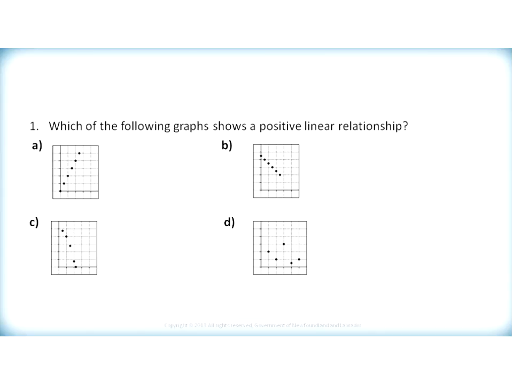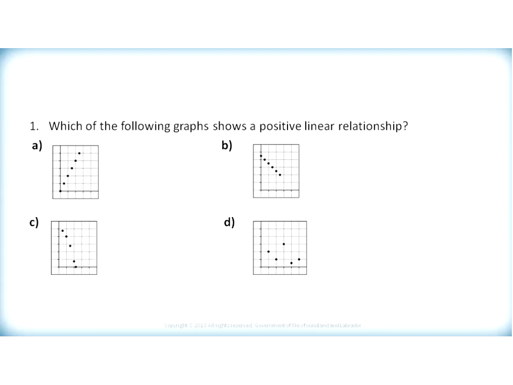So the first question here, this is a typical type of multiple choice question you might see. Which of the following graphs shows a positive linear relationship? So remember that a positive linear relationship is one where as one variable increases, so does the other.